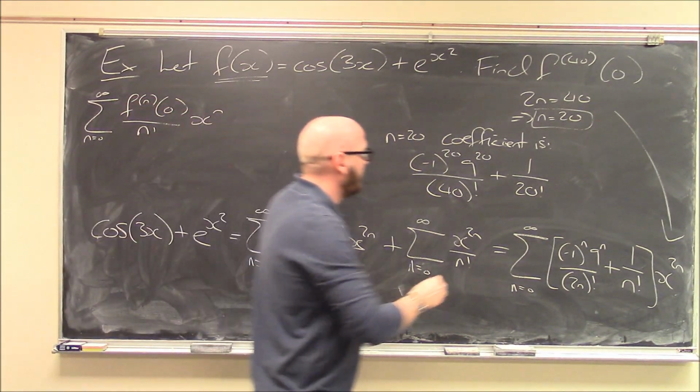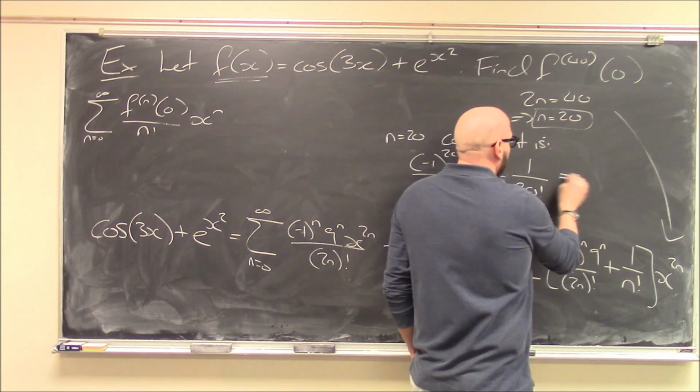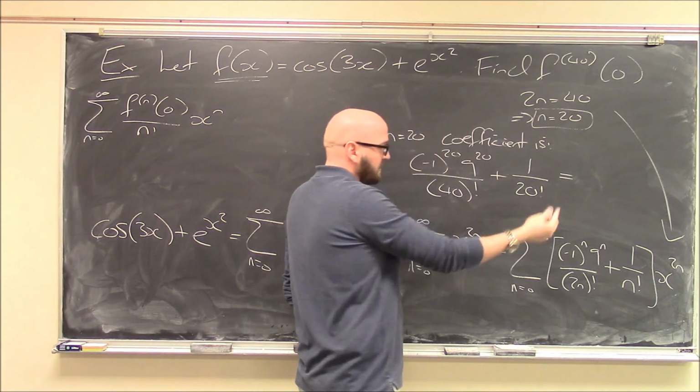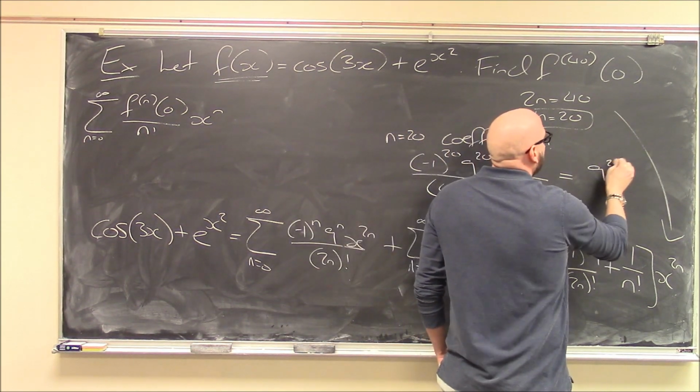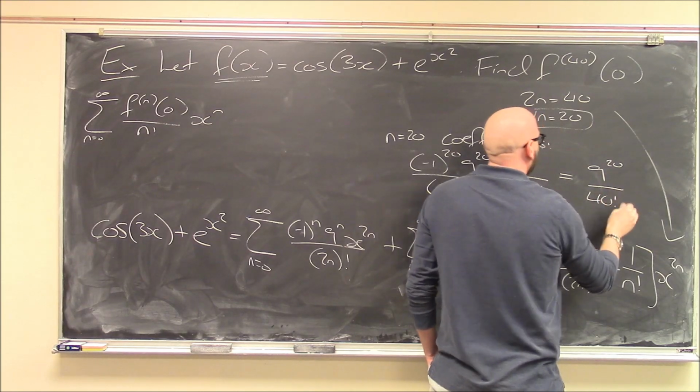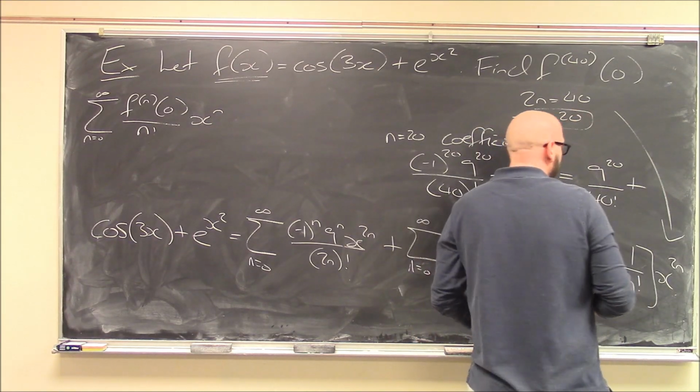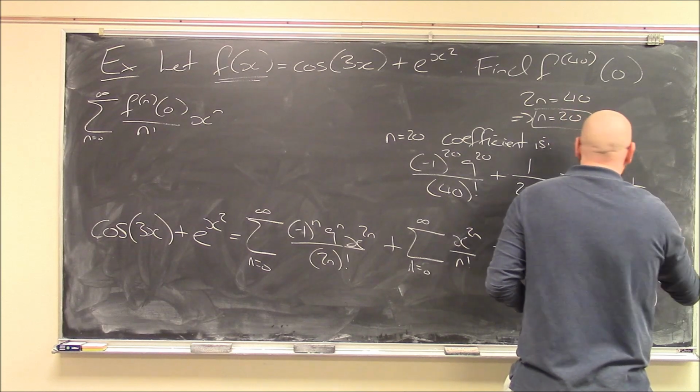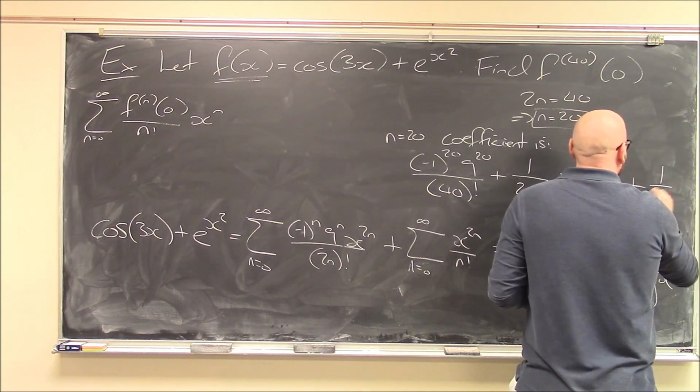Alright, cleaning this up a little bit, (-1)^20 is just 1, right? So 9^20 over 40 factorial plus 1 over 20 factorial.